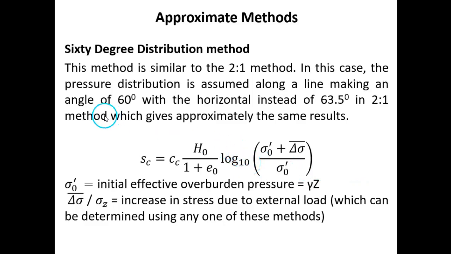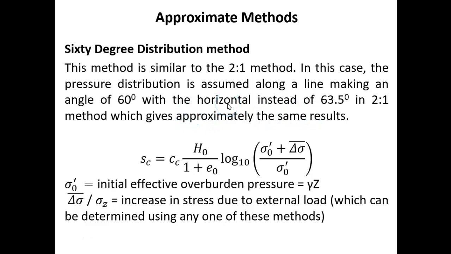The next approximate method is the 60-degree distribution method. This method is also similar to the 2 vertical to 1 horizontal method. In this case, the pressure distribution is assumed along a line making an angle of 60 degrees with the horizontal.